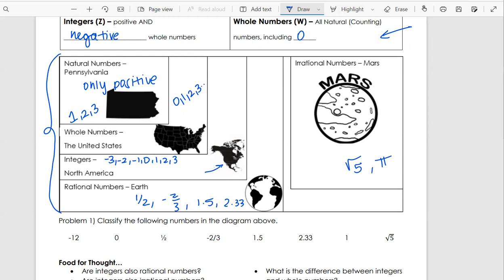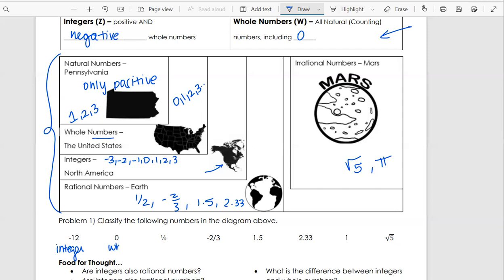Let's classify some numbers. Let's use what we know about the definitions of natural numbers, whole numbers, integers, and rational numbers, and practice classifying these numbers. So -12, think about that, it's a negative number. That means it's going to be an integer. Okay, 0, the first place 0 pops up is in whole numbers.